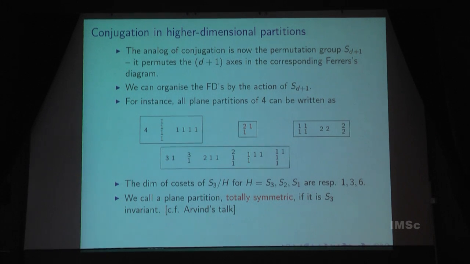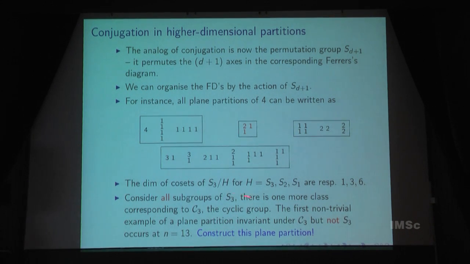Once you put them in a box, there's an extra symmetry called complementarity. So his talk can be thought of as a talk on totally symmetric self-complementary plane partitions, right? Also known as alternating sign matrices. That's a bijection. More generally, H is a subgroup of S3 which leaves your partitions invariant, and then you will find that the numbers of these are related to dimensions of cosets.